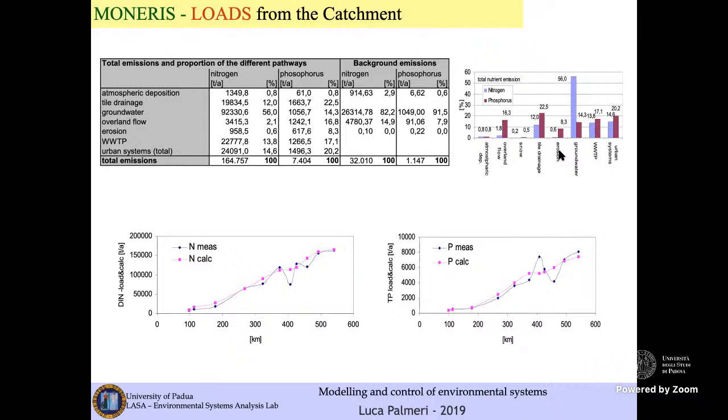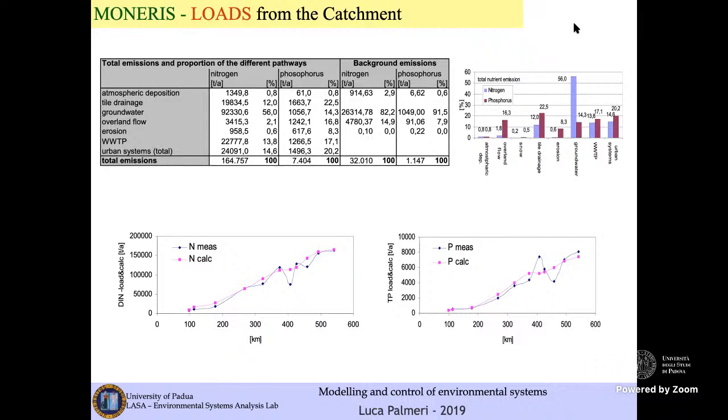That is obvious because these pathways are more impacted by solid transport, and you know that phosphorus goes with solid transport. So we have some indication here from this kind of analysis of which management actions should be implemented in order to reduce nutrient loads from such a large river basin.